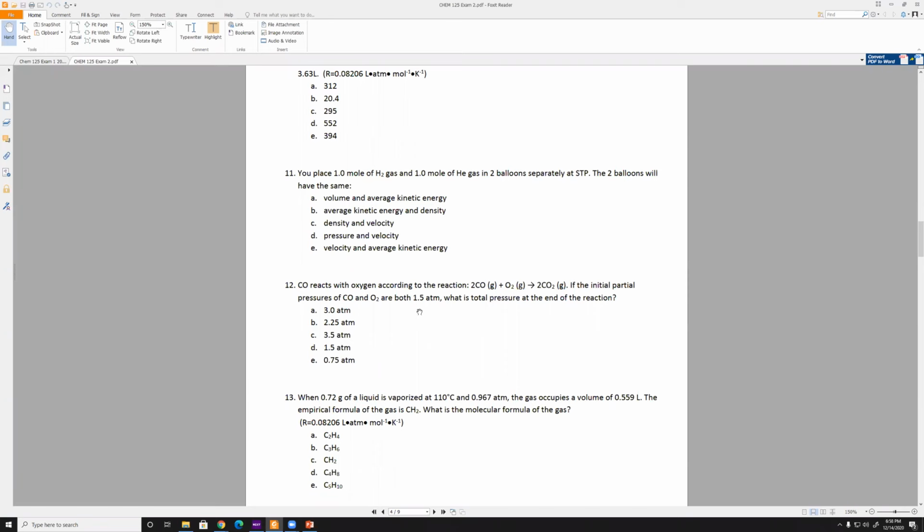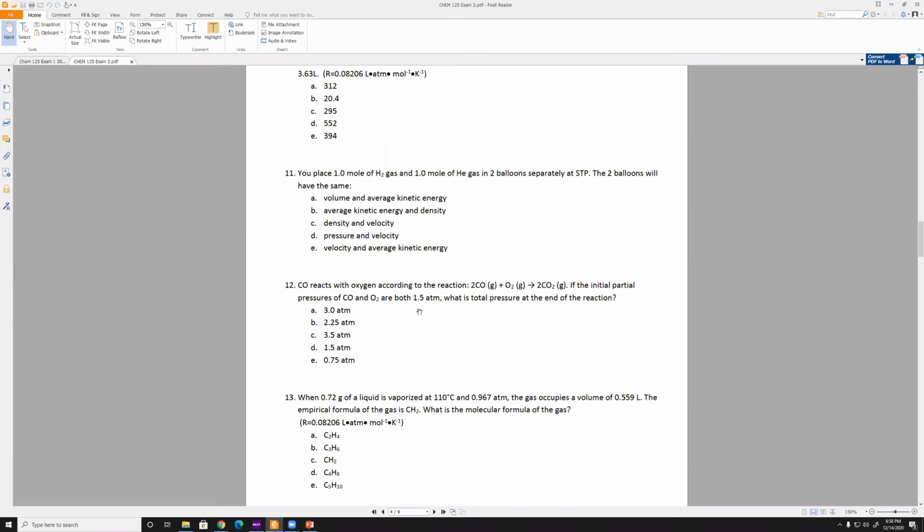Now, you can kind of make pressure akin to amount. Think about PV equals nRT. Let's say it's all in the same vessel, so temperature is the same, it's constant. The number of moles are a number of moles.